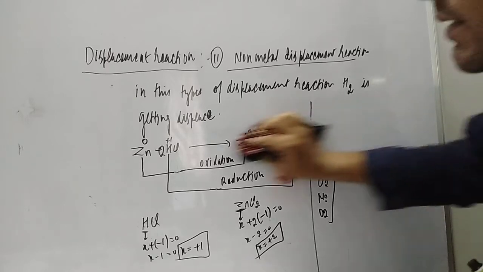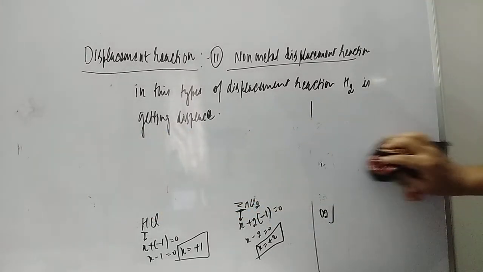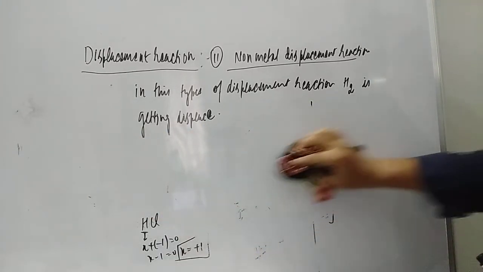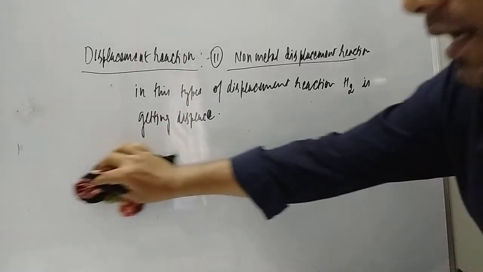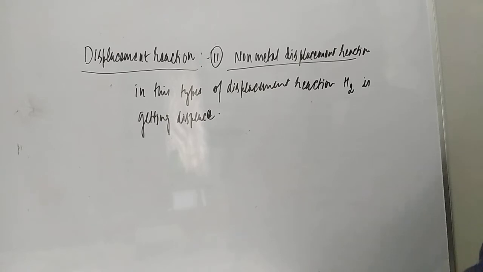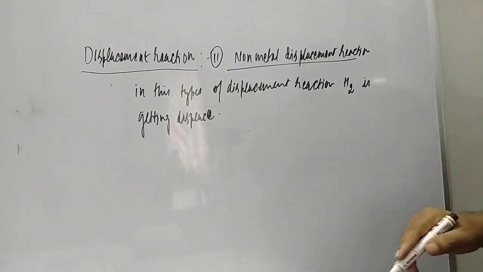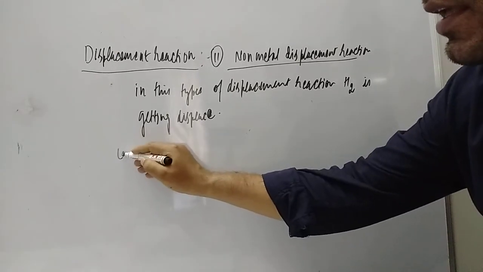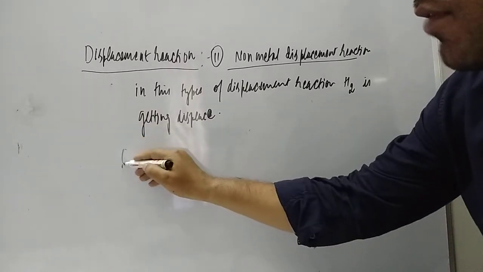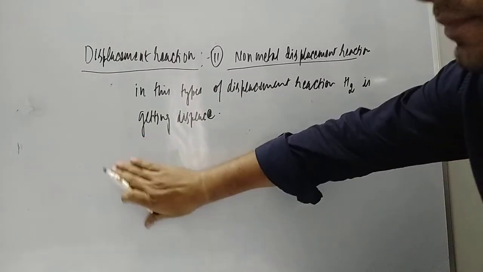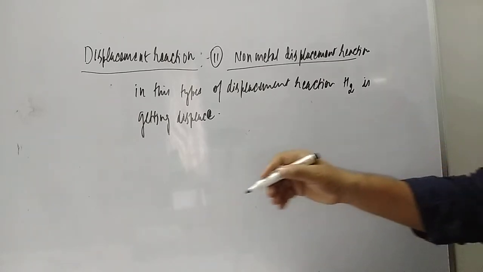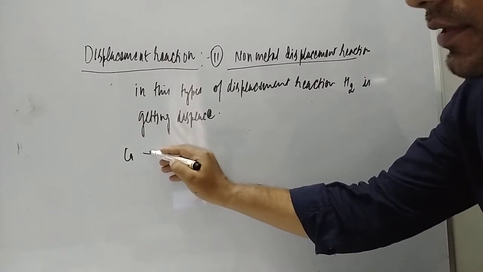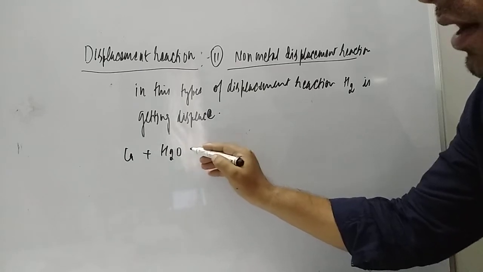Okay, so let us learn with some other example, otherwise you will say, sir, why is only hydrogen getting replaced? Examples are generally mostly with hydrogen, so one more example we are going to study now. Suppose I am taking calcium, and calcium is reacting with water.